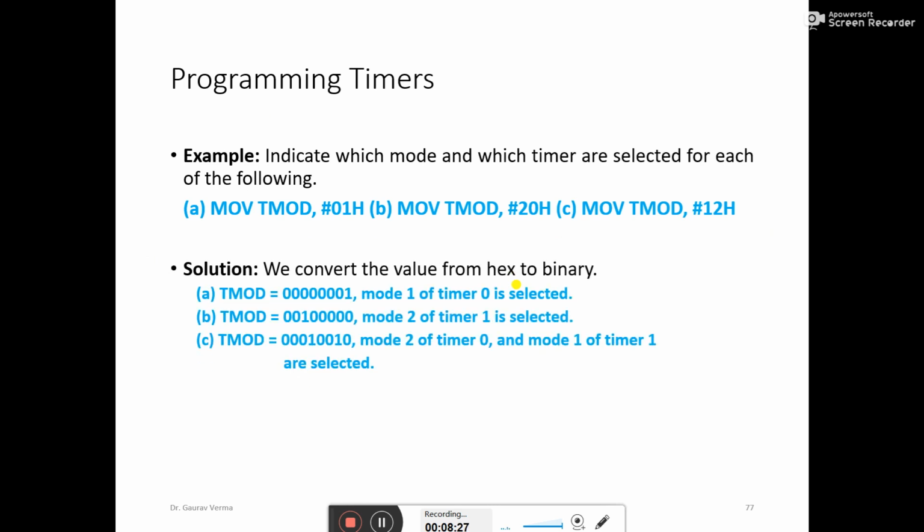For the programming of the timers, indicate which mode and which timer are selected for each of the following: MOV TMOD, #01H; MOV TMOD, #20H; and MOV TMOD, #12H. With TMOD 01H, mode 1 of timer 0 is selected. In the second case, mode 2 of timer 1 is selected. In the third case, mode 2 of timer 0 and mode 1 of timer 1 are selected.